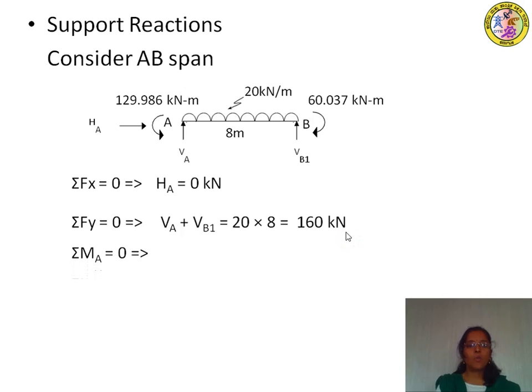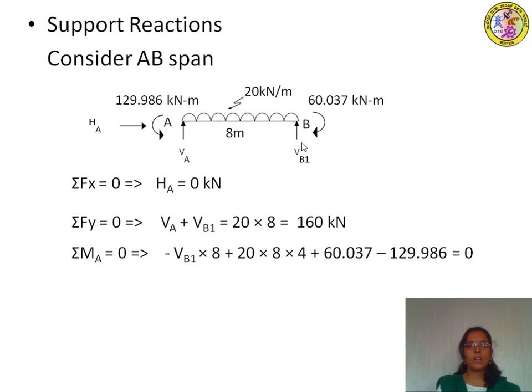Next, take moment of all the forces about A and equate it to 0, which implies minus VB1. So this is inducing anti-clockwise moment about A, therefore minus VB1 into 8, and then this UDL is inducing clockwise moment about A, therefore plus 20 into 8 into 4, and then plus this clockwise moment of 60.037 and minus this anti-clockwise moment, that is 129.986, that is equal to 0.